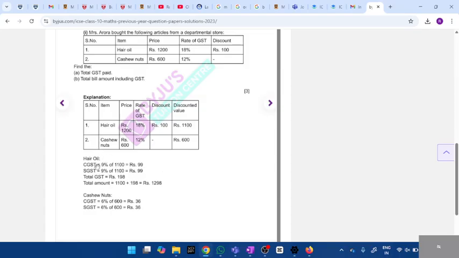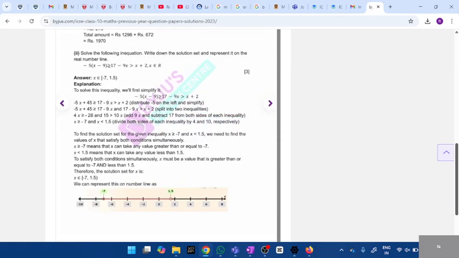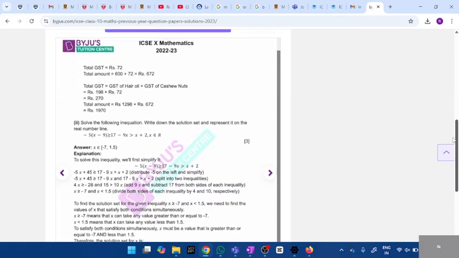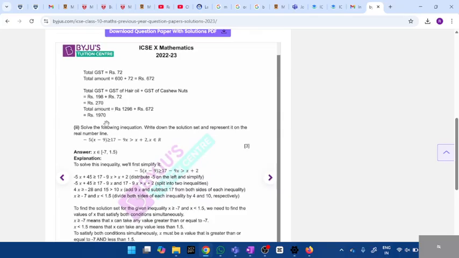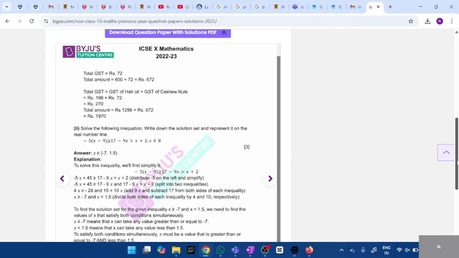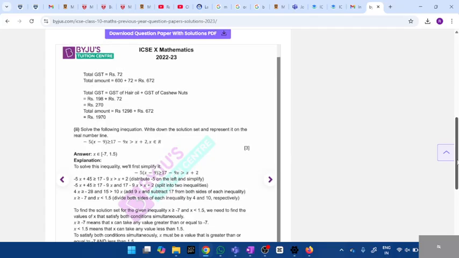Look at the way they have calculated air oil, CGST, SGST, total value like this. So what's the total amount? Look here, 1,970. Both the answers are correct. Clear? All of you got the same answer, 1,970.